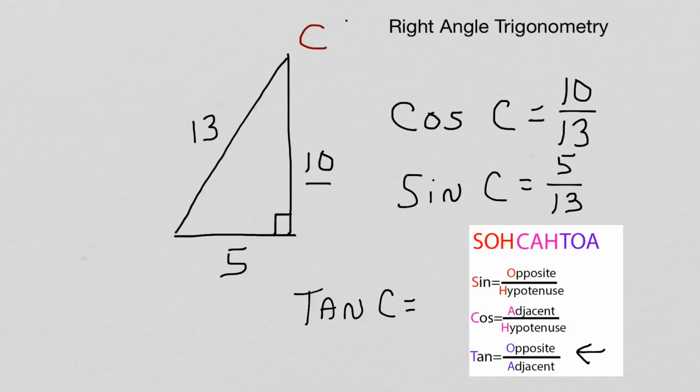So the opposite side is 5, and the adjacent side is 10. So here on just angle C, I did all 3 of the trigonometric identities that we've talked about. Rewatch this video. If you have any questions, email me.